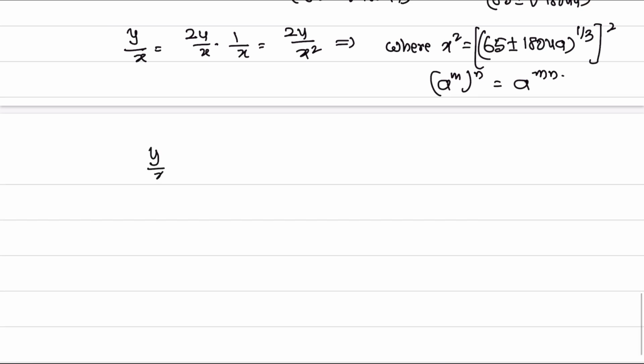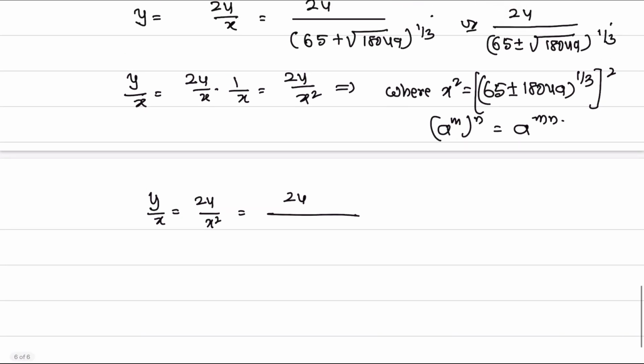y by x is equal to 24 by x square, is equal to 24 by 65 plus or minus square root of 18049 to the power of 1 by 3, whole square.